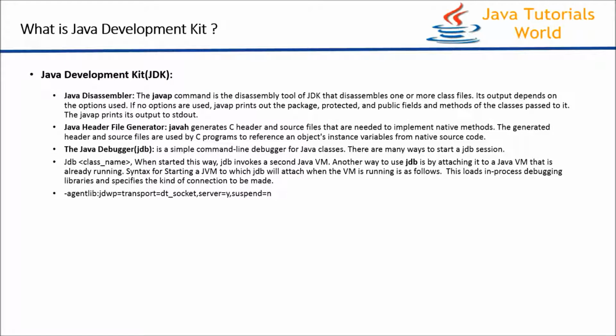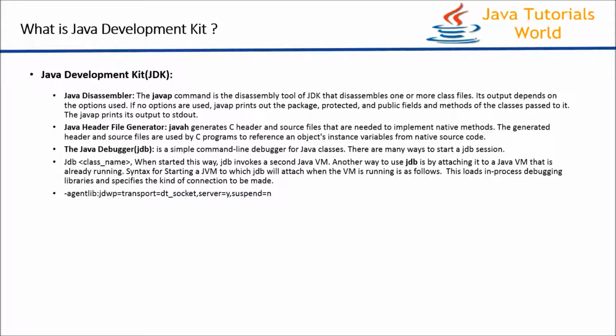The next tool that is part of JDK is the Java Debugger. This Java Debugger can be invoked by using jdb, and this is a simple command line debugger for Java classes. There are many ways to start this jdb session. One of the ways is jdb space class name.